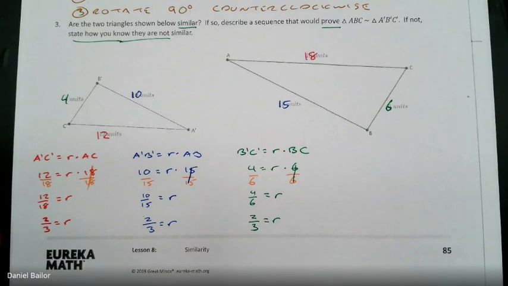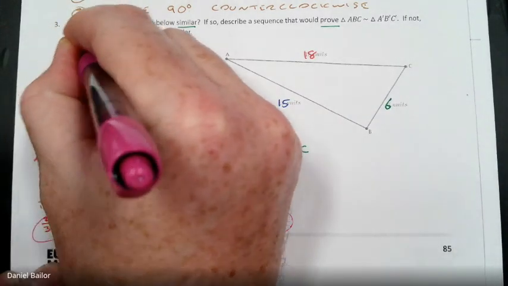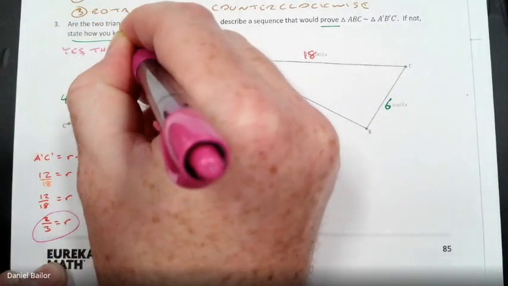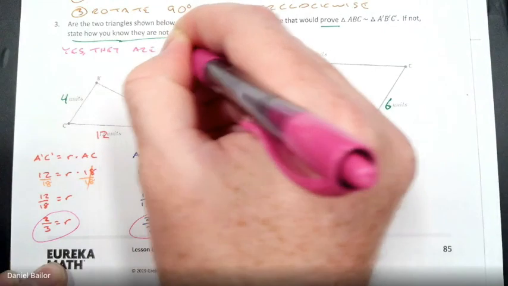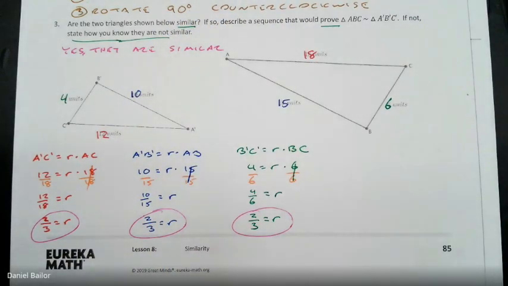So I have the same scale factor for all three sides. So yes, they are similar. So that is the first thing I had to do. Yes, they are similar. Now I need to prove it by telling you how to line them up.